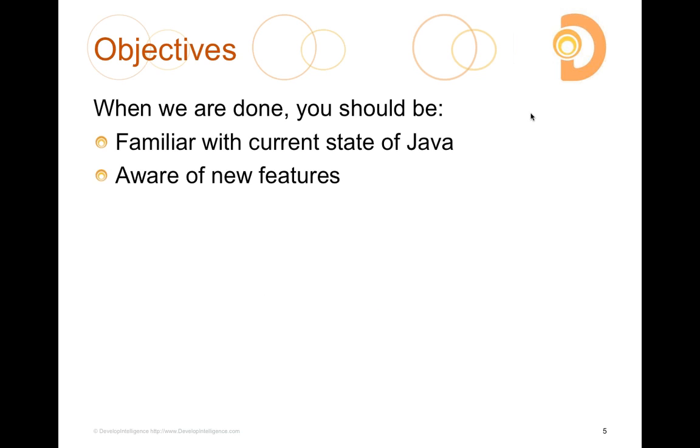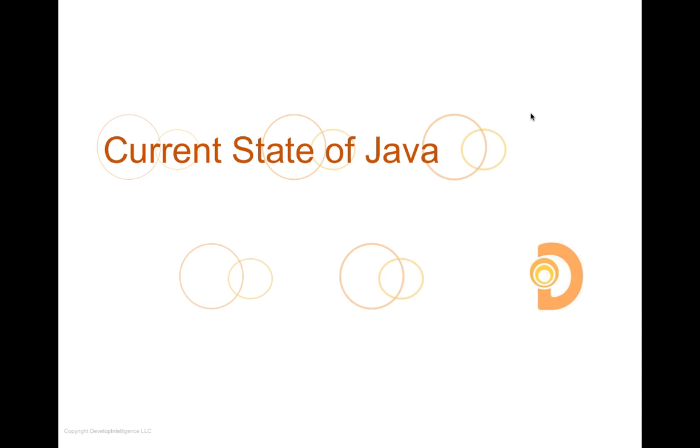Even though Java 7 has been out for a while, there's still a fair number of people that are using previous versions. So we thought we would just spend time going through those different versions, what features were introduced during those different versions, and help you identify some new language features that you can adopt within your own programming.